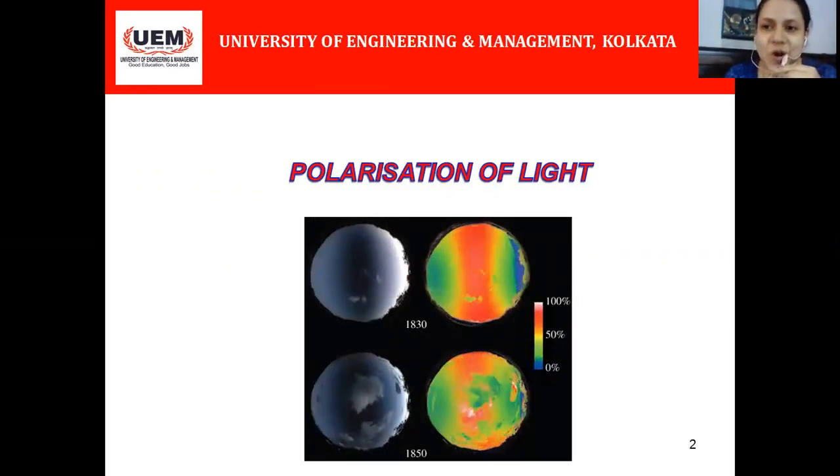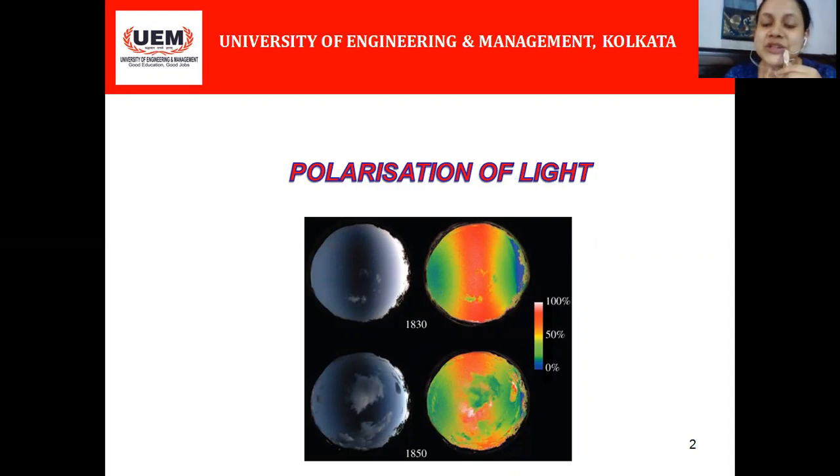And here on your screen is a very beautiful picture which is an example of polarization of light occurring in nature. This is basically a picture of the evening sky just before sunset. If you look at the time of capture of these photographs, they are at 6:30 p.m. and 6:50 p.m. respectively.